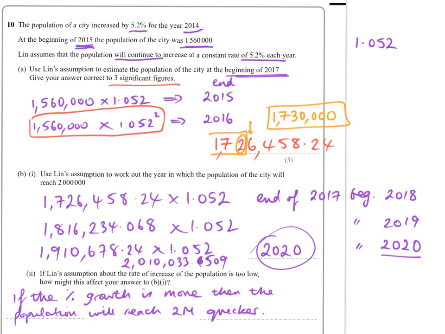Okay, so if she assumed that the rate of increase of the population is too low, i.e. it's going to be more, then that means it would reach the 2 million mark faster. Okay, so it would definitely be an earlier year than 2020. So it's important to write in a full sentence there. I've abbreviated a few things for you. So there you go, that's that question.